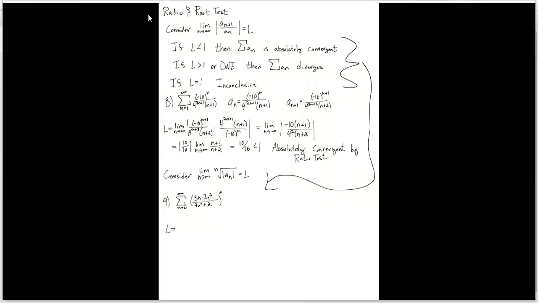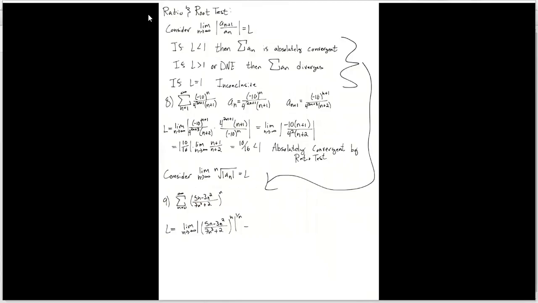We have L is equal to the limit as n goes to infinity of the absolute value of ((5n minus 3n squared) over (7n cubed plus 2)) raised to the nth power, and then the absolute value to the 1 over n. So the n and the 1 over n are going to cancel, right?